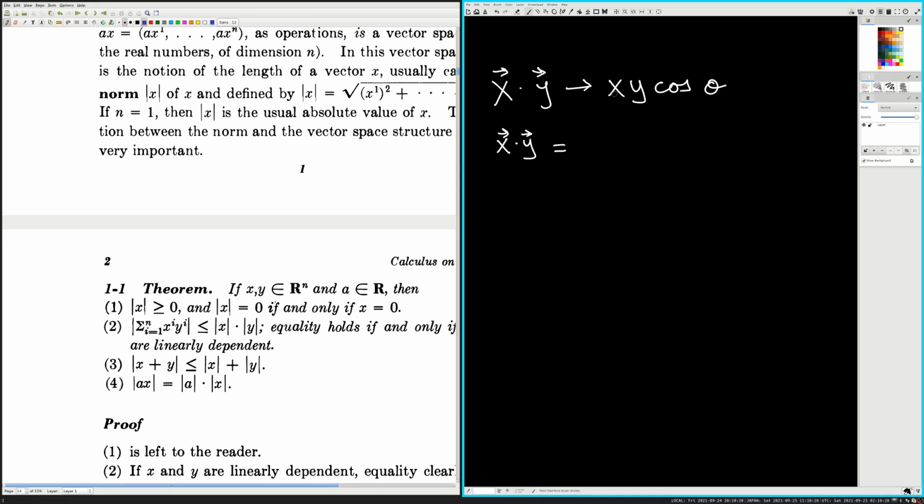The naked things with no hat, no arrow mean the length, times something that is between -1 and 1.